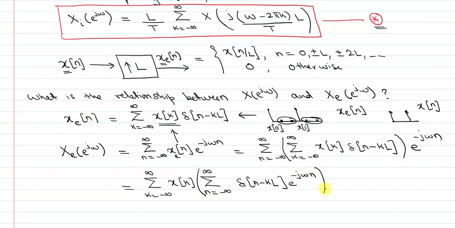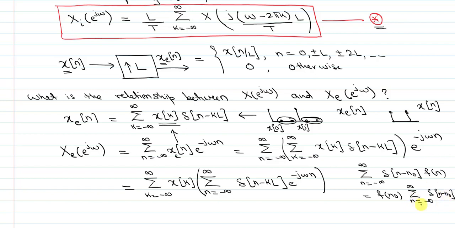Now let's stare at this. This we will simplify by using the following property of the delta function. So remember, if I am given the sum over n from minus infinity to infinity of delta of n minus n naught times a function of n, f of n, I simply, by the shifting property, get f of n naught times the sum over n from minus infinity to infinity of delta of n minus n naught.